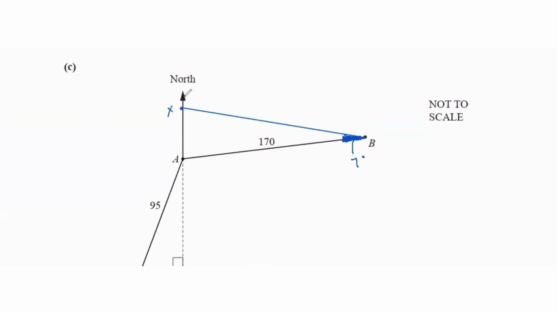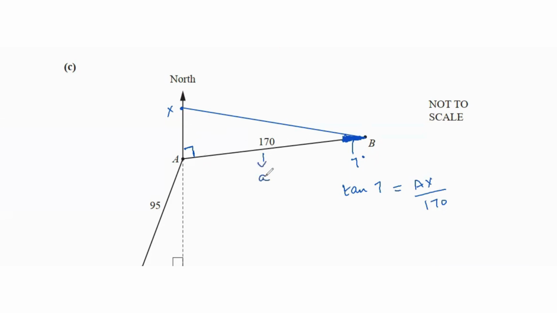So first I'm going to find AX. This is a right angle triangle. So that's going to be tan of 7 equals AX over 170. The reason why it's AX is because this is the length on which the angle lies.